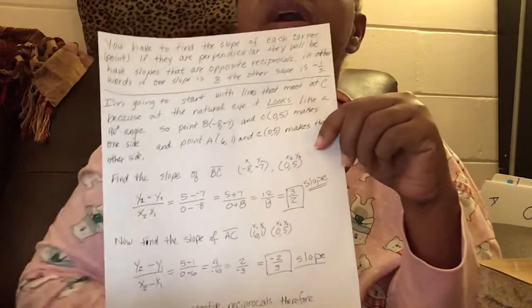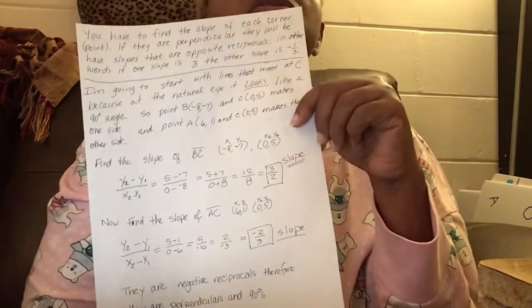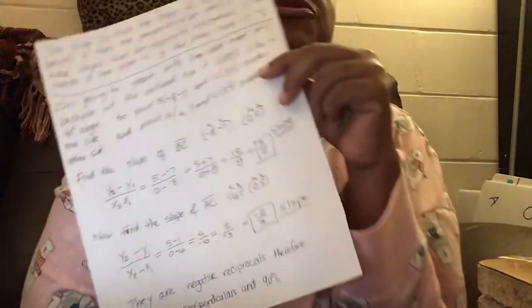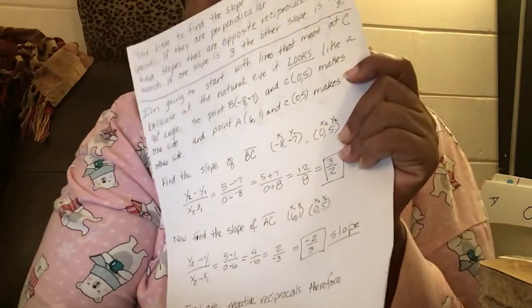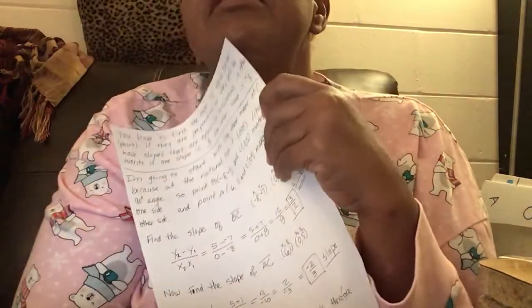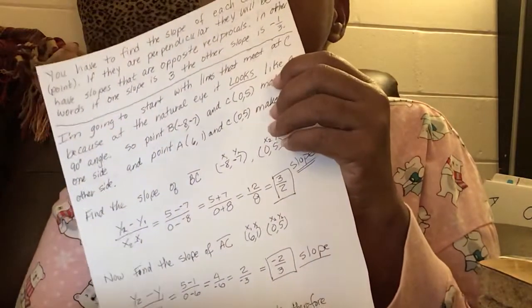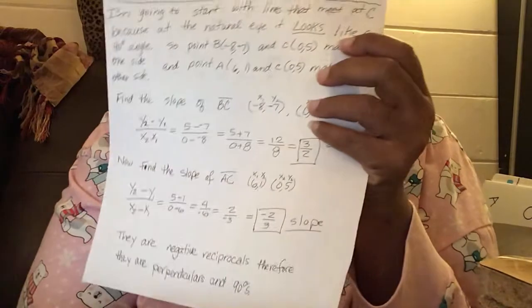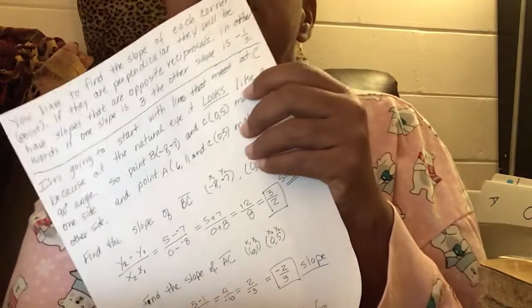You have a triangle on your paper, and it asks you to find the slope of the three vertices of your triangle. I did this before I looked at your choices.